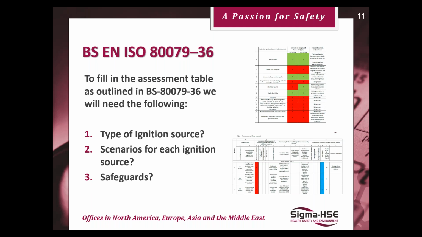So step 1 is to identify the types of ignition sources and put them in a table. Step 2 is to outline the scenarios for each ignition source type. For example, for hot surfaces, a scenario could be that during normal operation you have a bearing that is rotating and there's also a static part, so it's getting hot and generating heat. That's one scenario, and there are many types of scenarios.